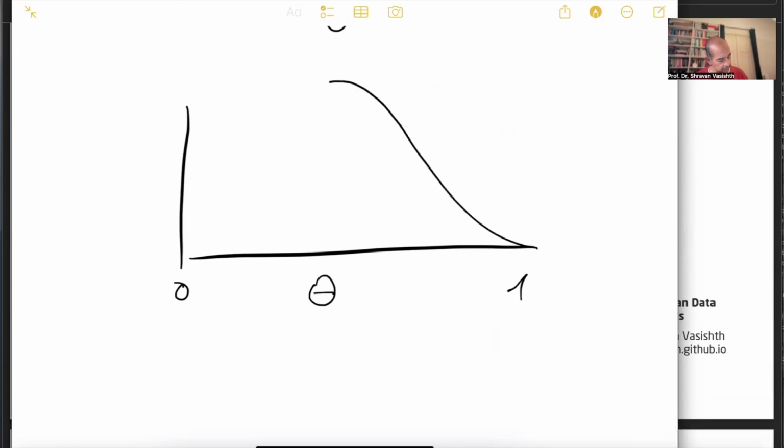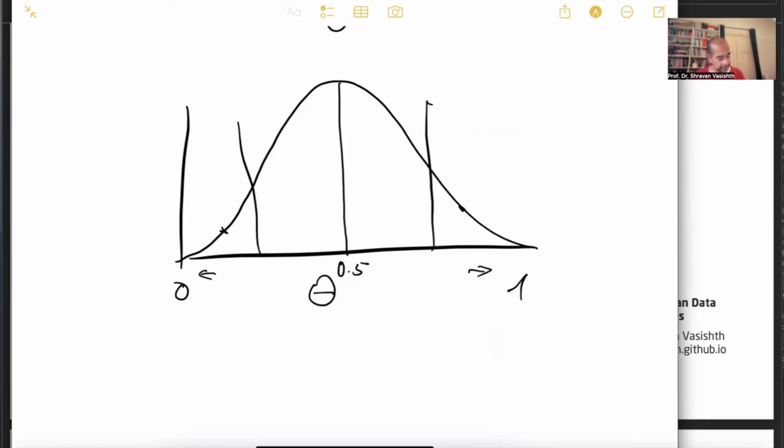It could say that I think the average of the prior distribution of theta is about 0.5, but I'm very unsure about what the exact value is. So it could be very close to 0, it could be very close to 1, but it's less likely to be close to 0 and 1, and more likely to be in this high density range. That's another possible prior that I could define.